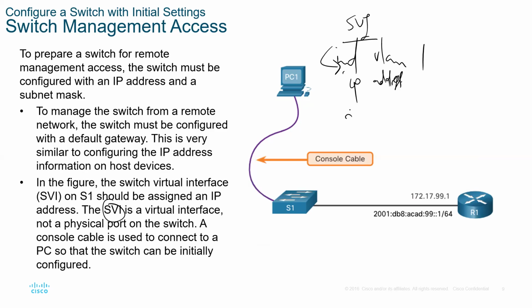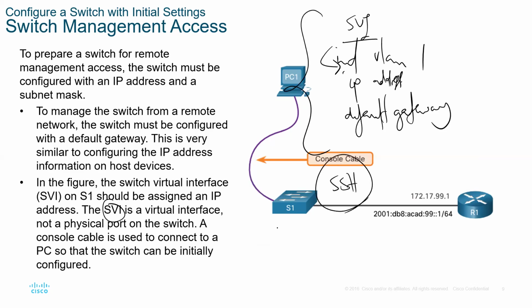If we add the default gateway, basically, we can manage our switch remotely using those. Then if you can add probably the SSH commands here, then the puzzle is complete. So I think we have time to just configure SSH as well.